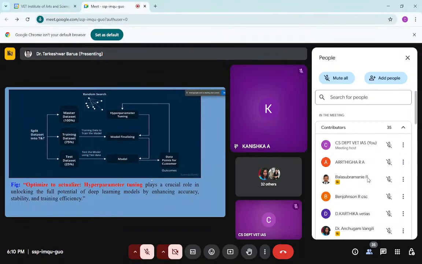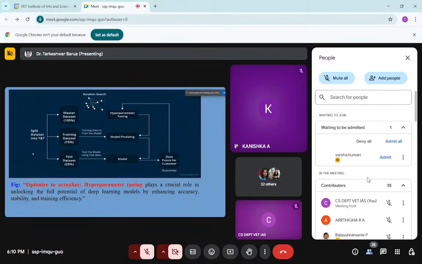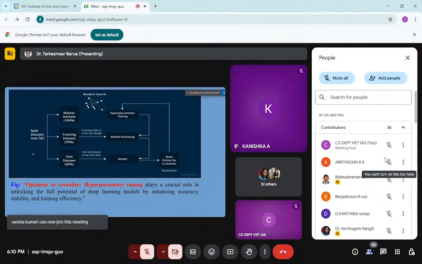So let's dive deeper into this. We have a data set, and we have split it 75-25, or 70-30. Like this, percentage-wise, we have split our data into training and testing data.